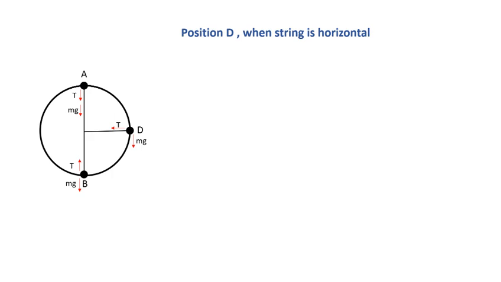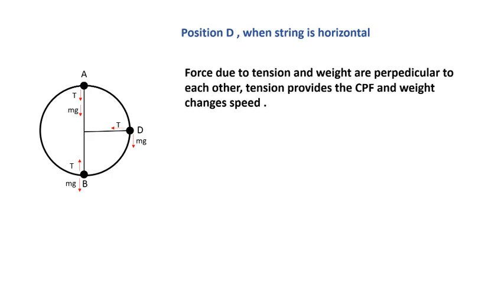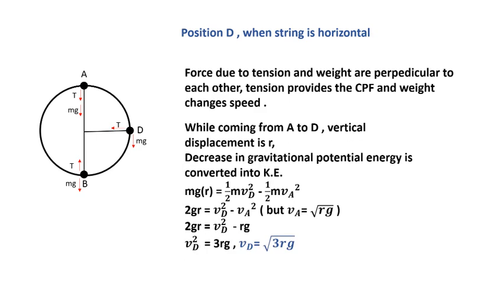Position D, when the string is horizontal: force due to tension and weight are perpendicular to each other. Tension provides the centripetal force and weight changes speed. While coming from A to B, the vertical displacement is 2R, but when coming from A to D, it is just R, equal to the radius of this circular path.